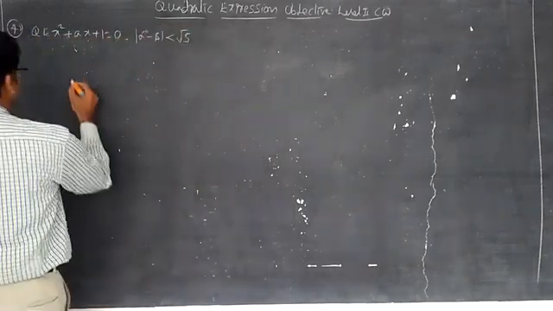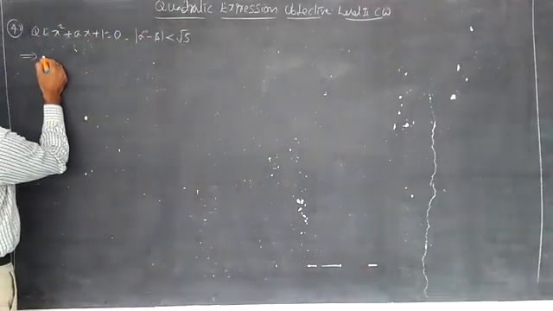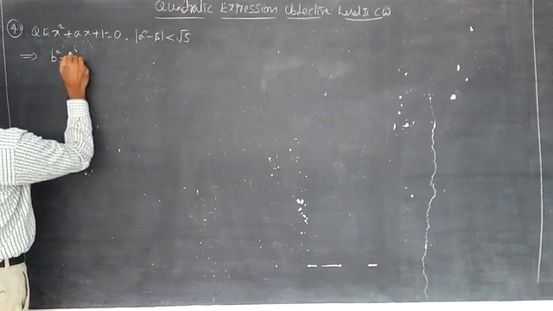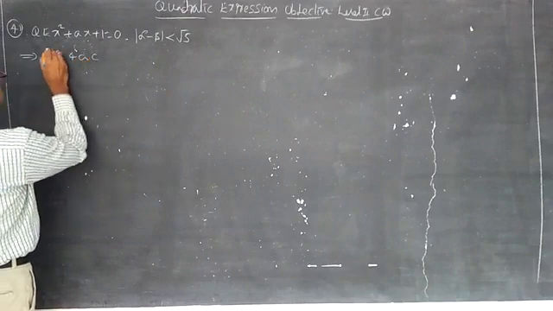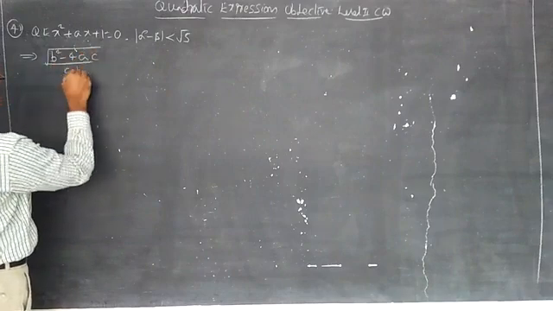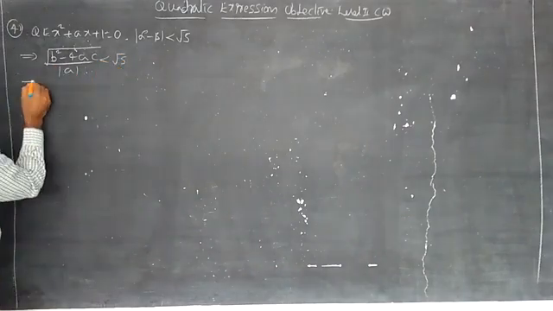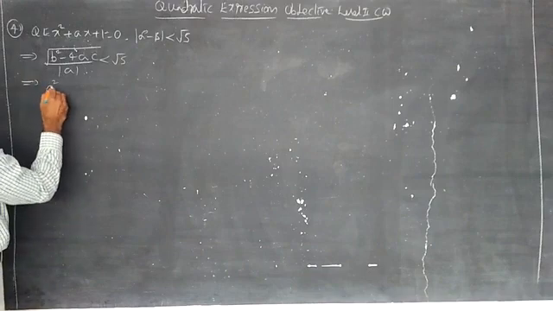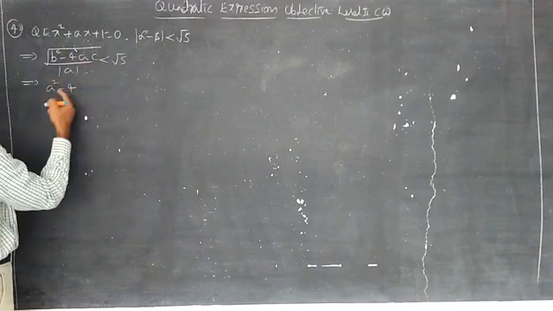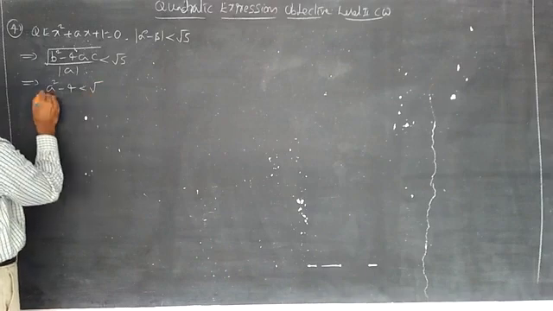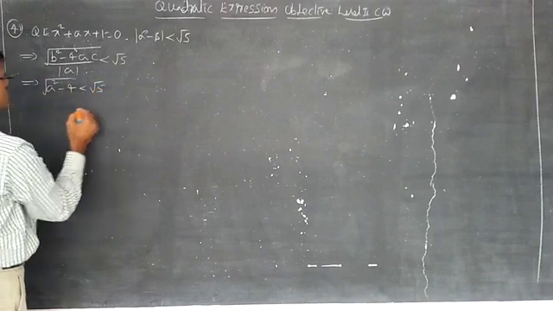We can use the formula modulus of alpha minus beta is equal to root of b square minus 4ac whole by mod a. So here b square minus 4ac means a square minus 4, by 1, less than root 5.